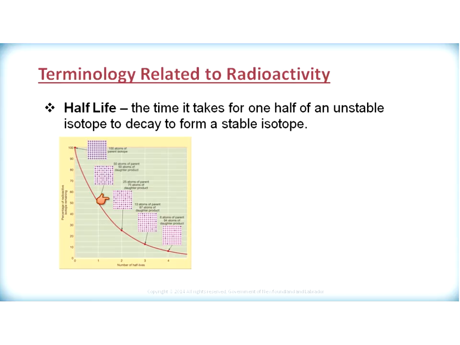Once the sample undergoes a third radioactive decay, now we have 12.5% of the parent isotope remaining and 87.5% of the daughter product remaining. This process will continue until all of the parent material has decayed.